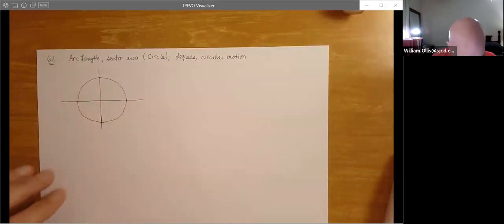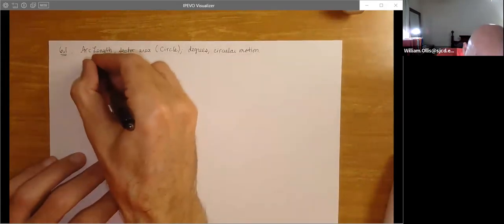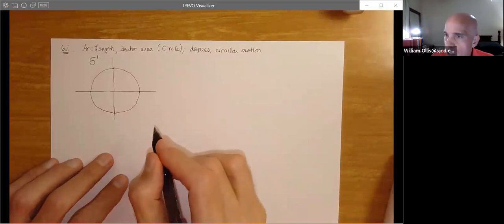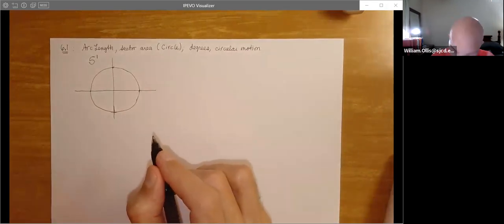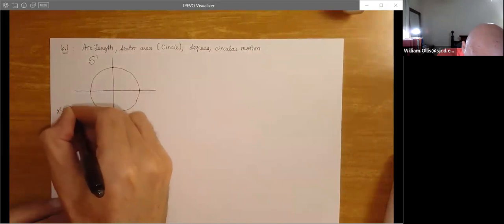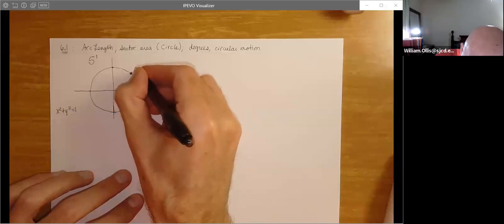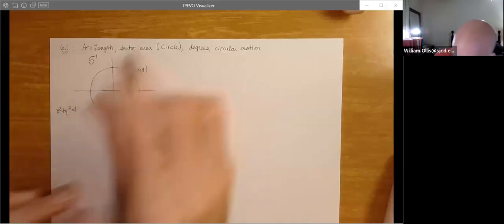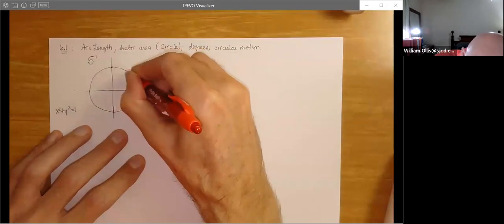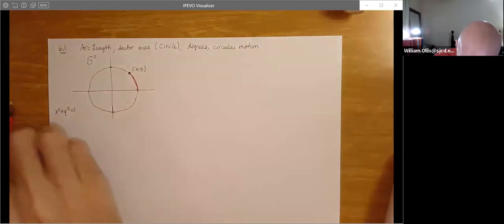Close enough. Now what we want to think about, if we've got S1, remember S1 is basically the unit circle x squared plus y squared equals 1, our friend. And so if we think about a terminal point, we think about a distance from 1, 0 along the circle.